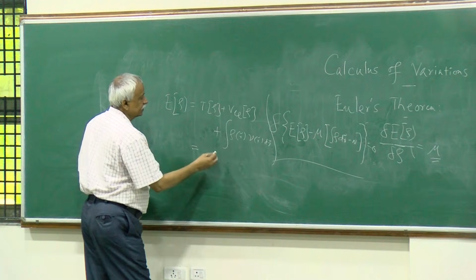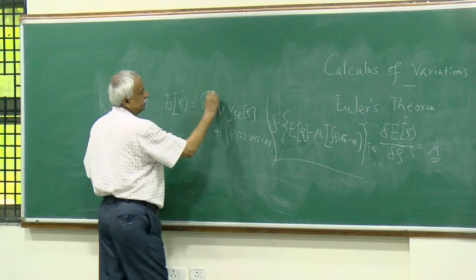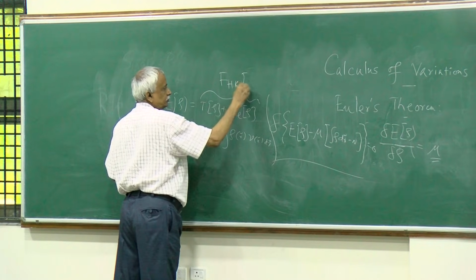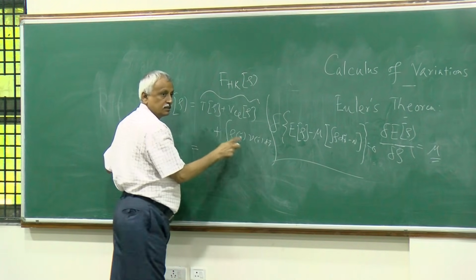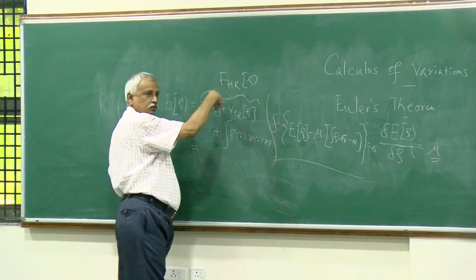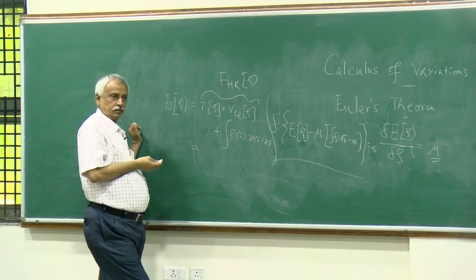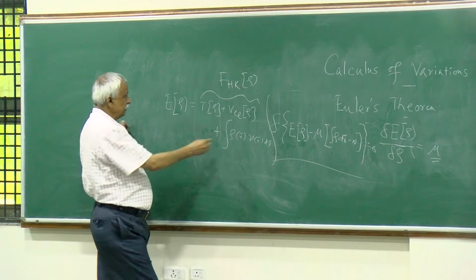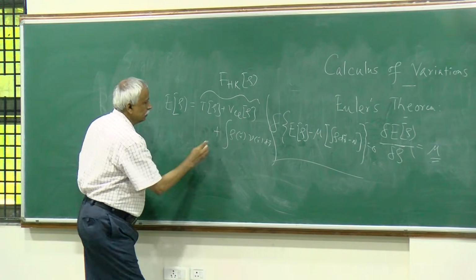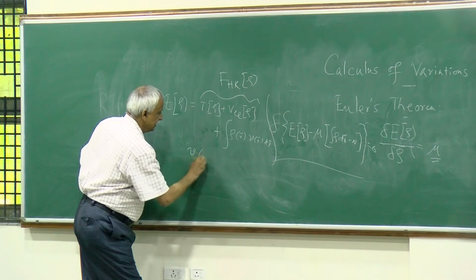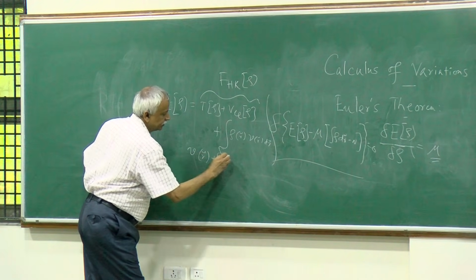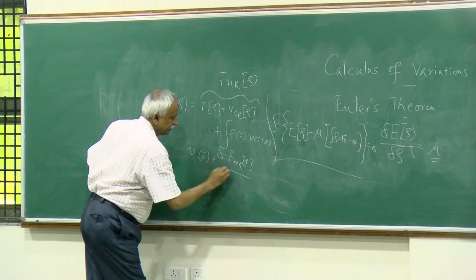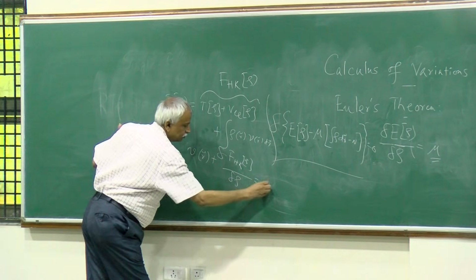And this together is called F_HK[rho]. It is universal because it doesn't depend on the external potential. This is called the universal Hohenberg-Kohn functional, the Hohenberg-Kohn density functional. So if I put it over here, what do you get? v(r) plus delta F_HK[rho] by delta rho is mu.